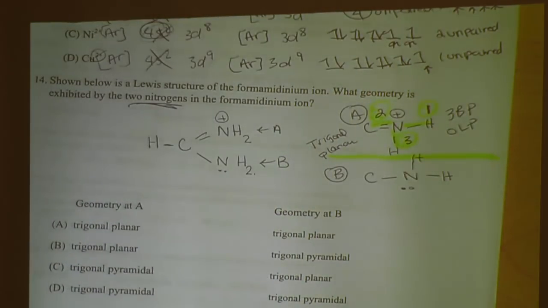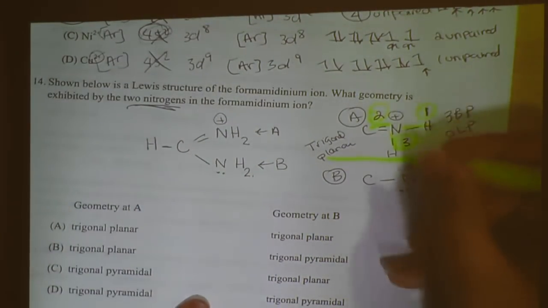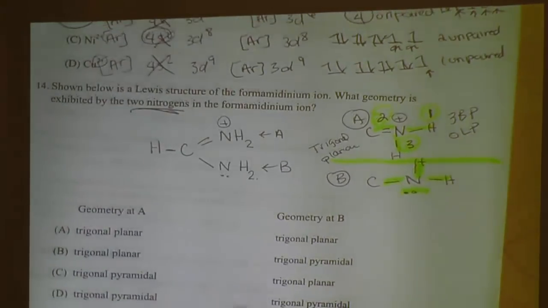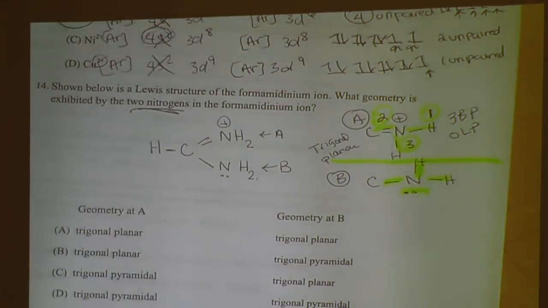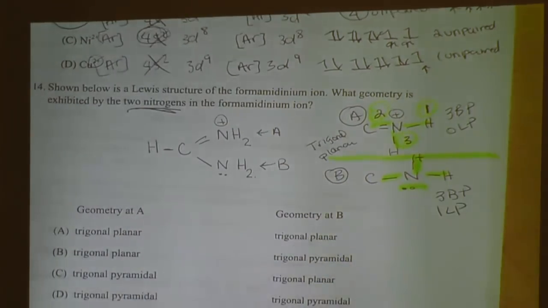Let's look at B. B, I have 1 bond, 1 bond, 1 bond, and a lone pair. Okay? So I have 3 bonds and 1 lone pair.